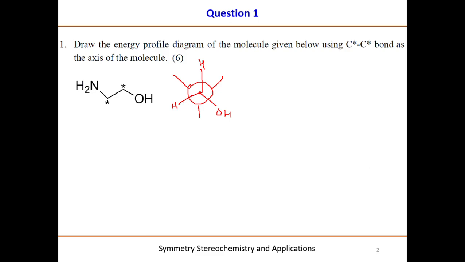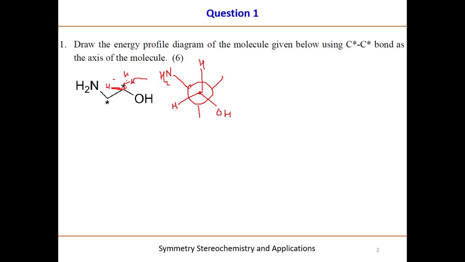And now opposite to OH here the NH2 group. I have already told you how to draw these structures. So you have to look from this side. This is on plane. Back side is hydrogen and front side is also hydrogen.